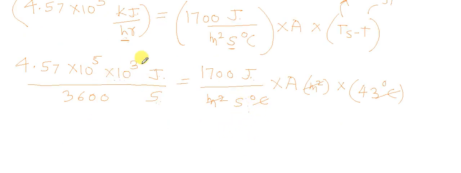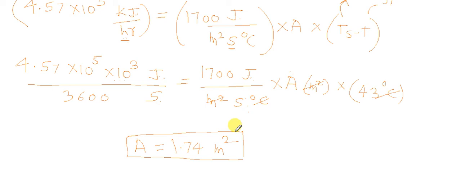So here we know all these values, and only the area is unknown, so when you solve this you get the area, which is equal to 1.74 meter square. In this way you have to solve this problem.